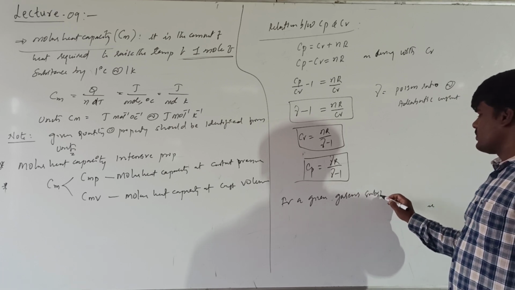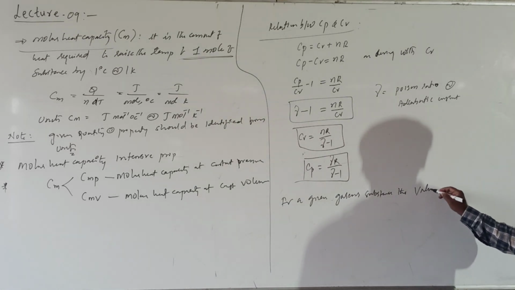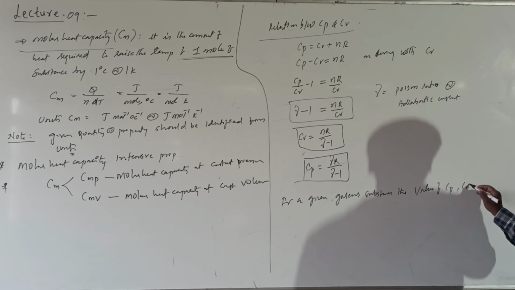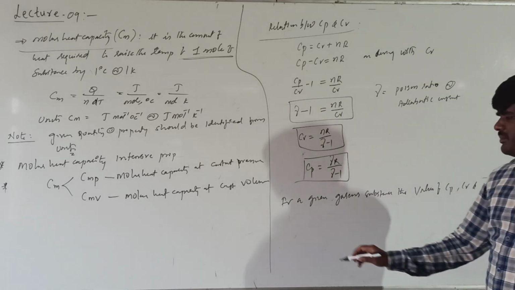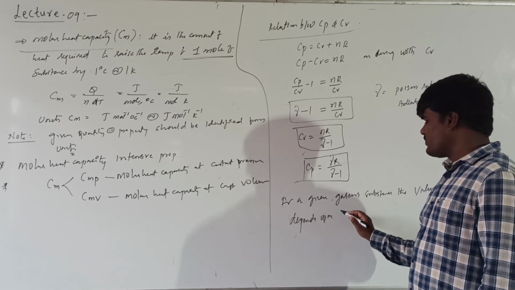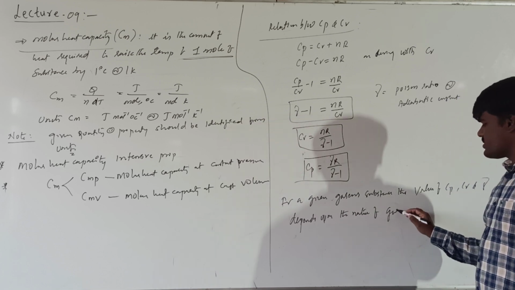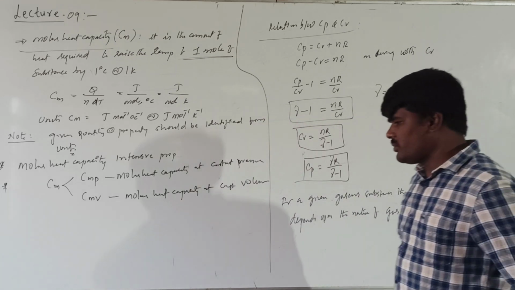the values of Cp, Cv and gamma depend upon the nature of the gas. Okay, let us see what is meant by this.